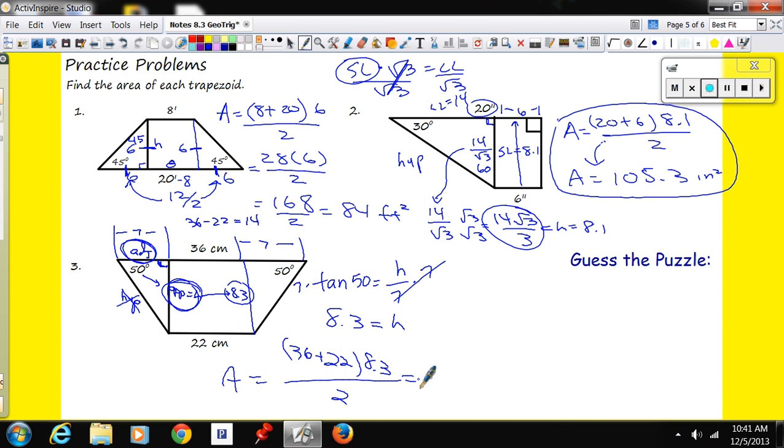And that's why you don't have to show any more work after you've plugged it into your formula, because now you can do it all in your head. 36 plus 22 first. That's 58. You're going to times that by 8.3. And then you're going to divide that by 2. You get 240.7. 240.7, and in this case, it's square centimeters.